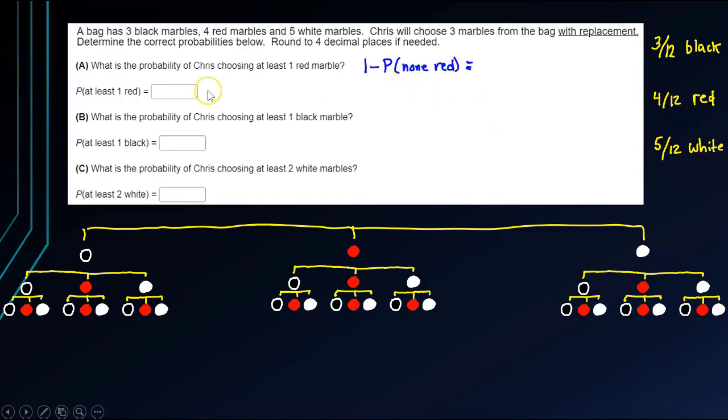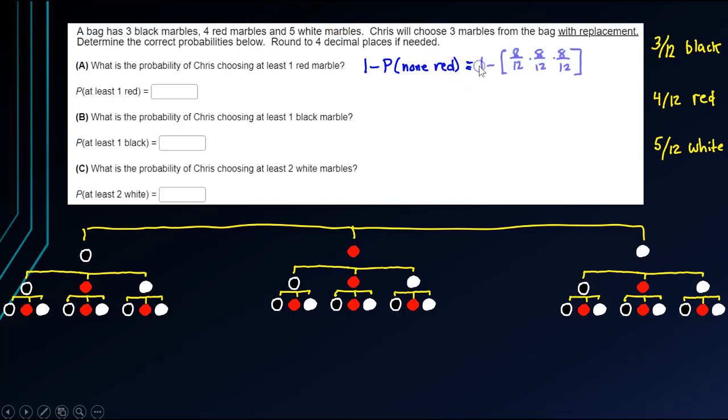One of the easiest ways to find the probability of Chris choosing at least 1 red marble is to realize that at least 1 is the exact opposite of none. The probability of none being red is pretty easy to come up with, because with replacement, there's 4 red marbles out of the 12, so 8 out of the 12 are not red.